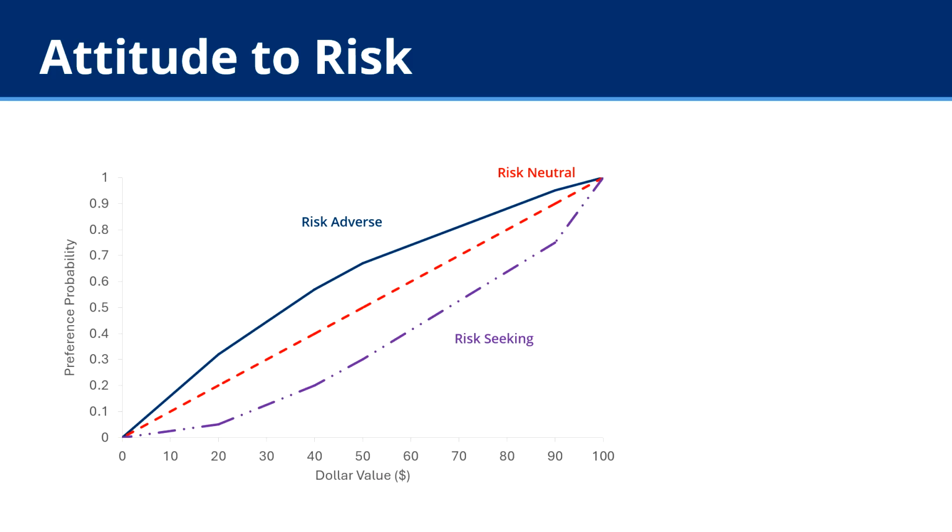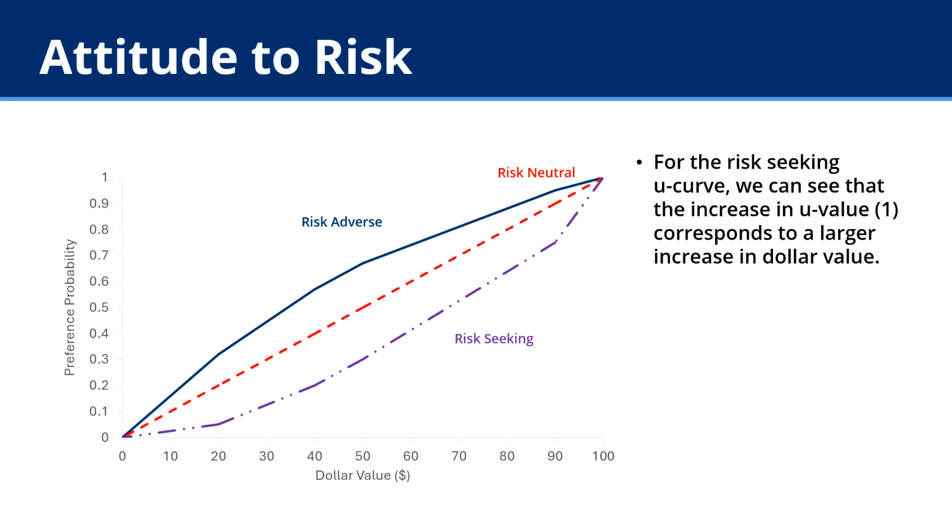So there are three terms: risk neutral, risk averse, and risk seeking. A U curve reveals a personal attitude or preference to risk. Is somebody risk averse? Is a decision maker risk seeking, or risk neutral?